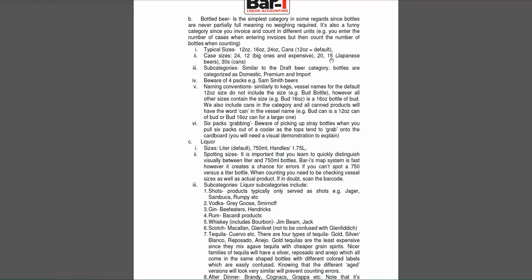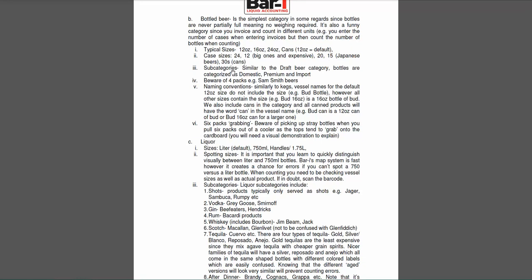That's quite rare, but if you're dealing with an Asian concept restaurant, you're almost certainly going to run into those. And then some of the lower end stuff, my favorite PBR, comes in 30 packs. Typically, you only see the lower end beers like Coors Light and PBR coming in 30 packs, but be aware of all of those. And as always, if in doubt, pull it out, read the box, see how many are in that case so you can be correct.